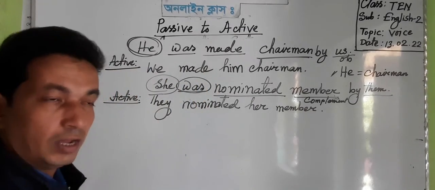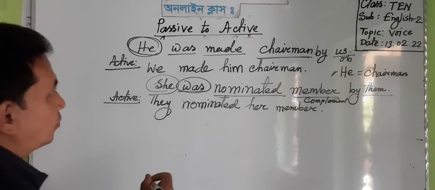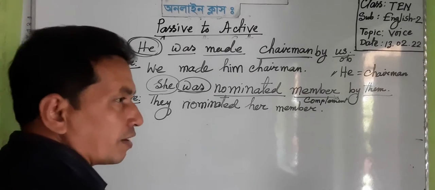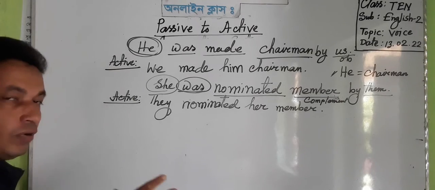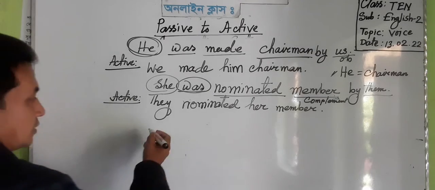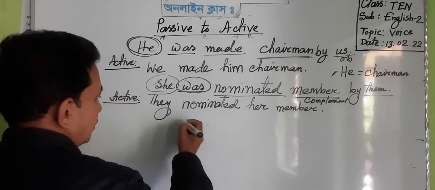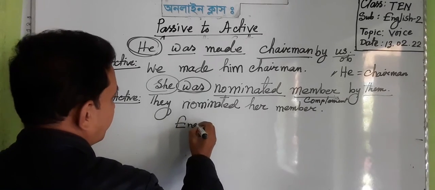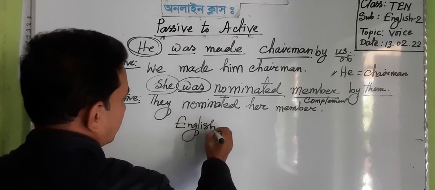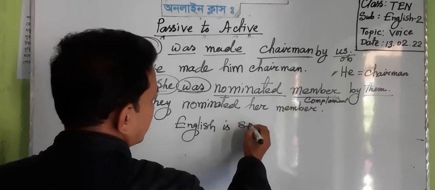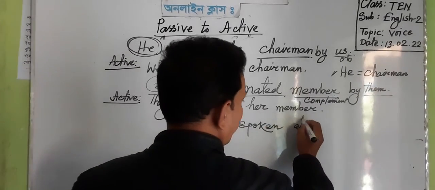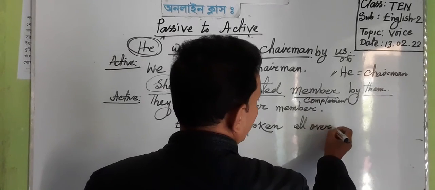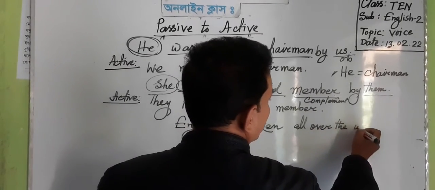Such as I will now give an example of this type of sentence without any subject or object in passive voice, such as: English is spoken all over the world.